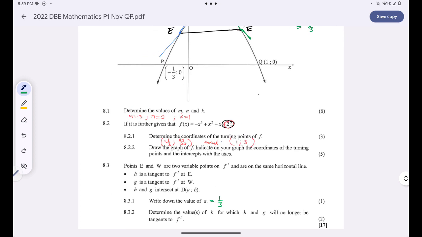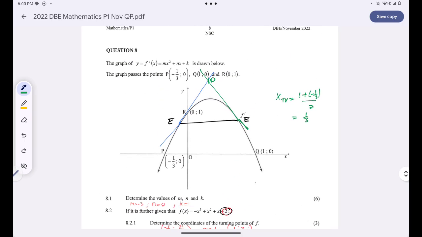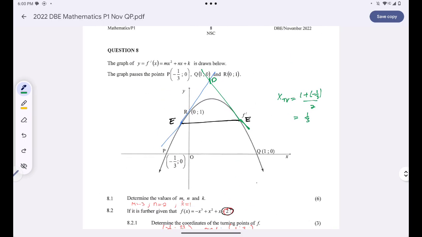Now I'm supposed to determine the values of B for which H and G will no longer be tangents to the curve. Okay, let me find the corresponding y value here at the turning point.